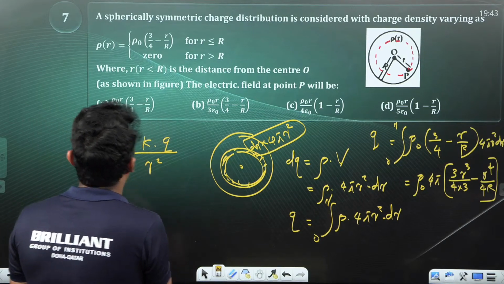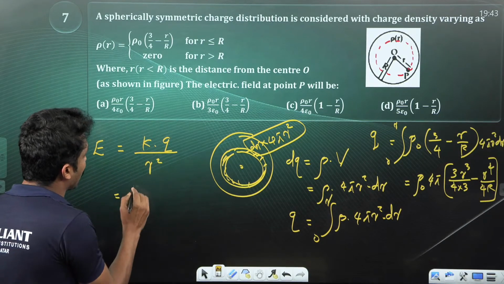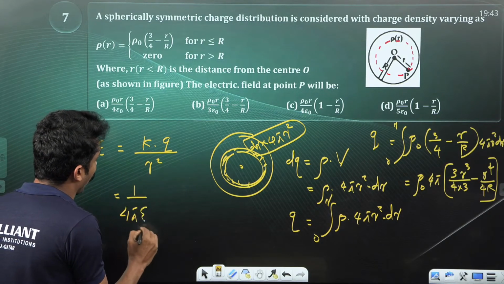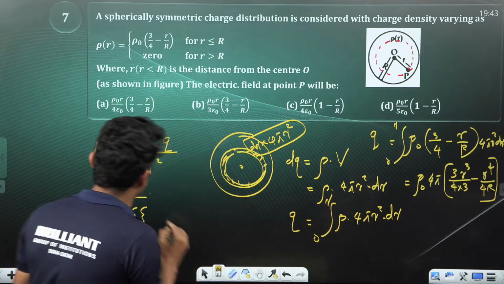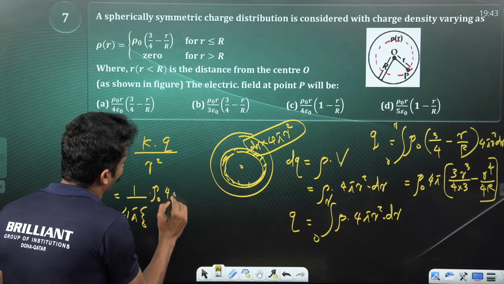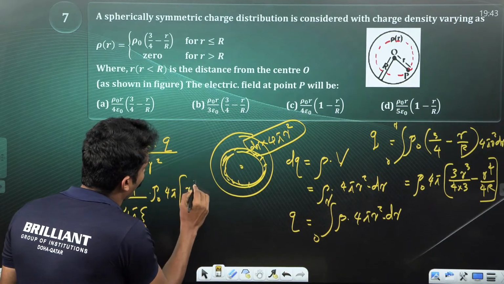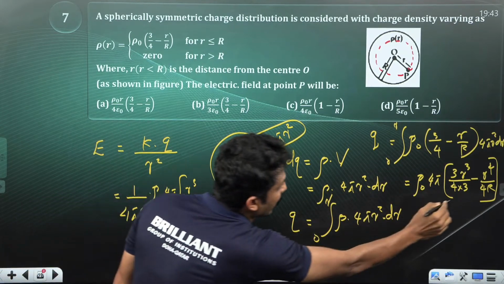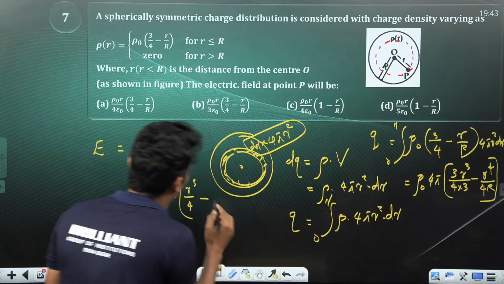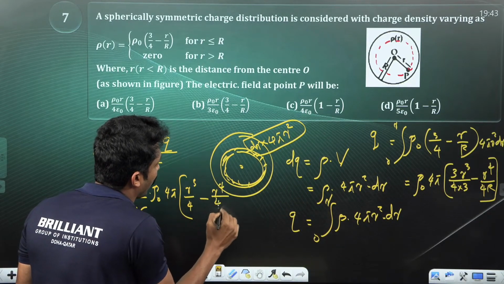Substitute here and also replace k as 1 by 4 pi epsilon naught. The charge value is rho naught into 4 pi, and within the bracket the 3 is cancelled, and it is r cube divided by 4 minus r raised to 4 divided by 4R.